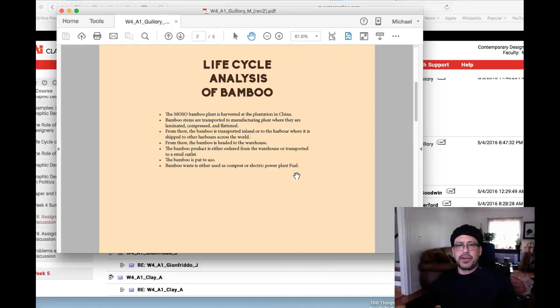Do you see what I'm saying? So how is this statement, bamboo stems are transported to a manufacturing plant where they are laminated, compressed, and flattened, directly relevant to your project? Or from there, bamboo is transported inland, and how does that affect your project?